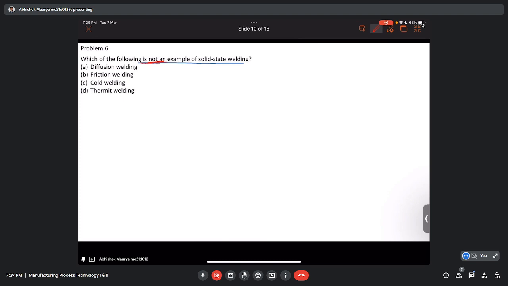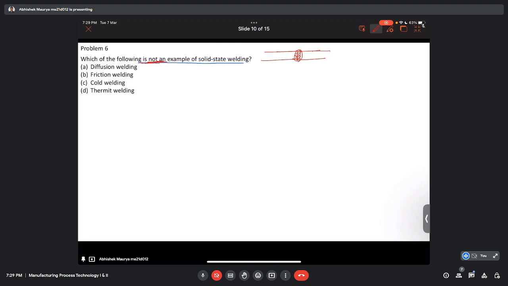So we are discussing what solid state welding is. The main motive of the welding process is to join two components together, and there are many ways to join. If you want to join two metals, we increase the temperature and locally melt the material, then bring them together and leave it to solidify for some time, and then they will get joined.